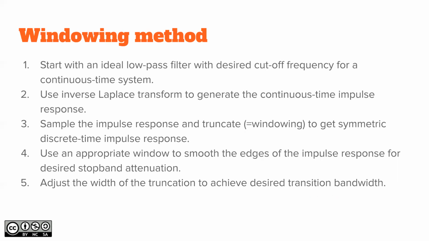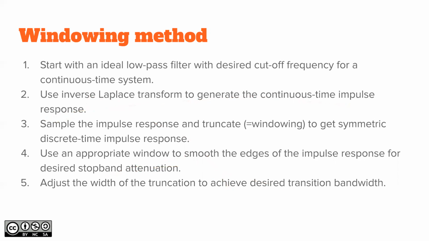It starts with an ideal low-pass filter with desired cutoff frequency in a continuous time system, meaning continuous time and also frequencies from minus infinity to infinity. In continuous time, we make the inverse Laplace transform to get the continuous time impulse response.